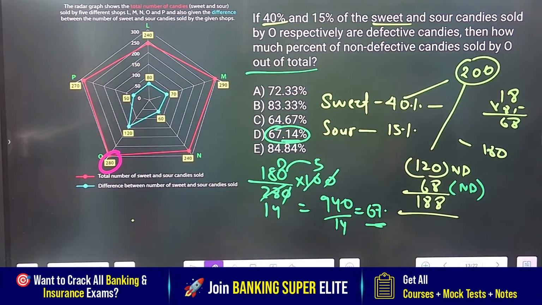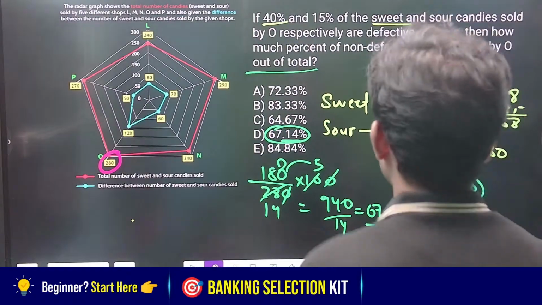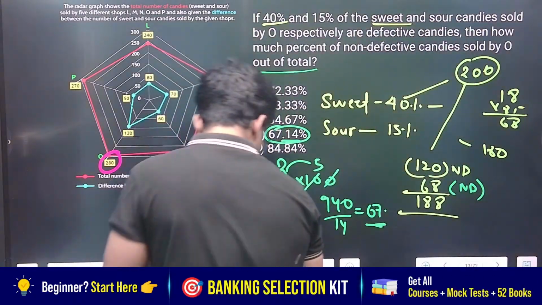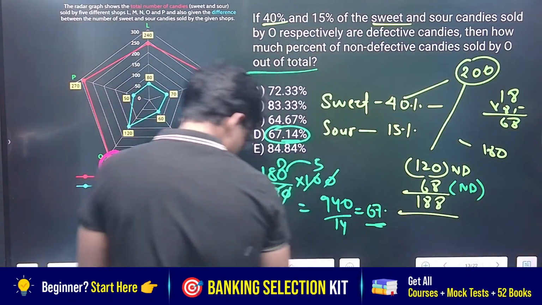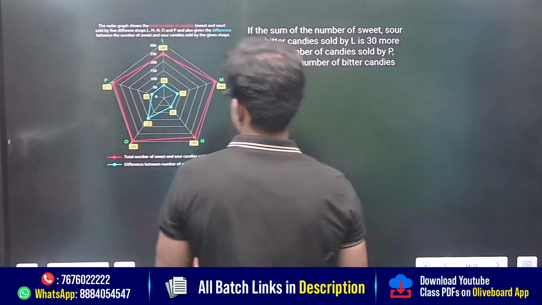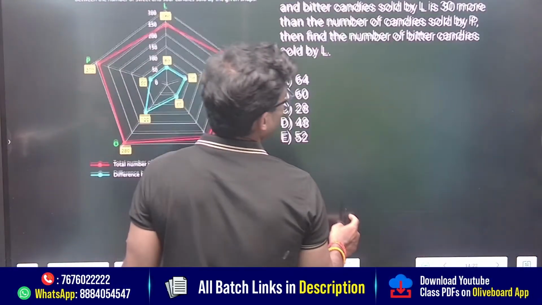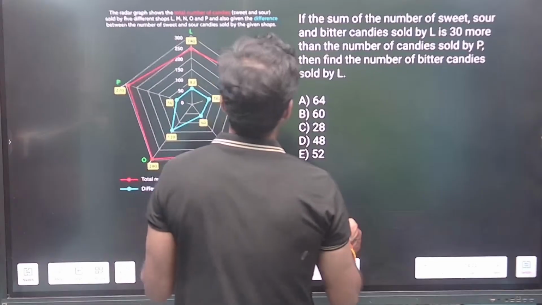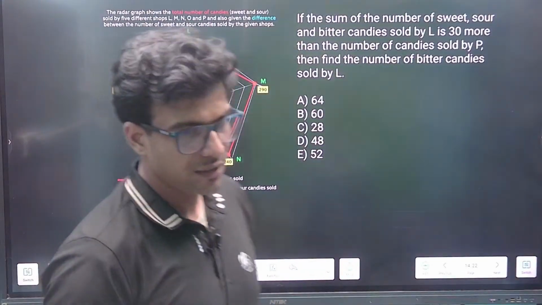Understood? I hope you got the concept now? Guys, you got the concept now? Come on, sir. Try this. Don't waste time. If you know the concept, and there are a few more differences, we can go for it.